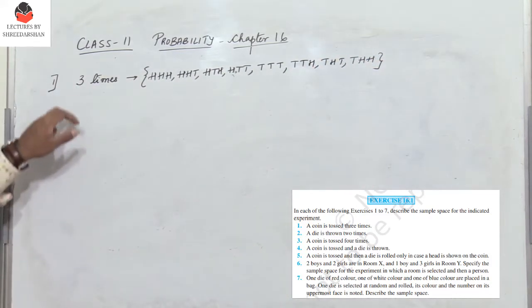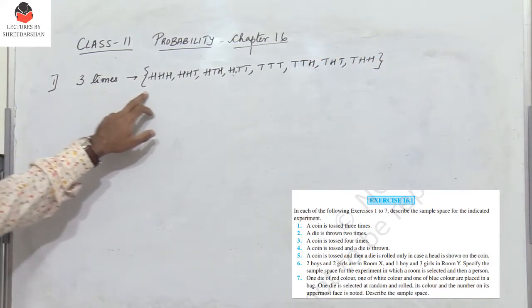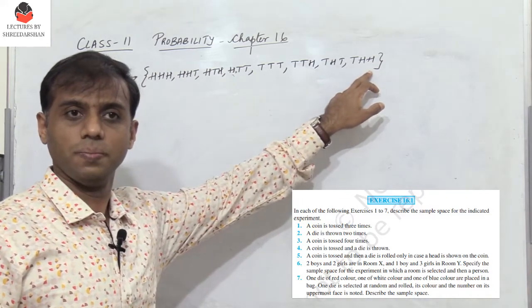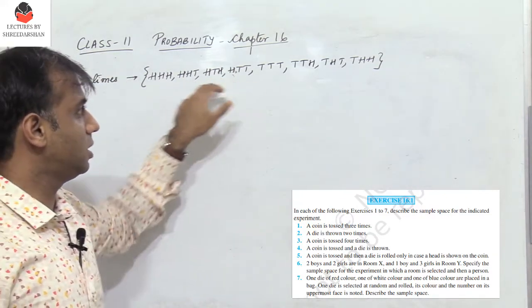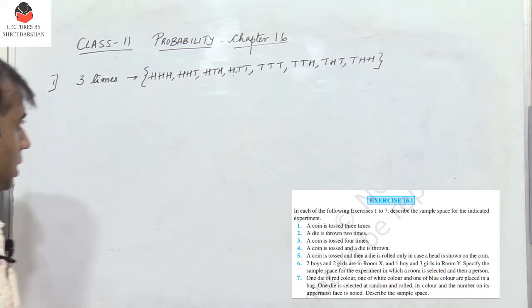Remember that you're tossing a coin 3 times, so you would have 8 different outcomes. So the sample space here has 8 different outcomes.